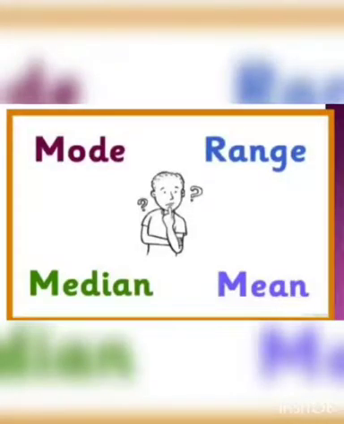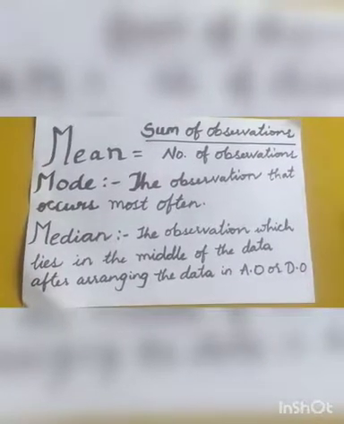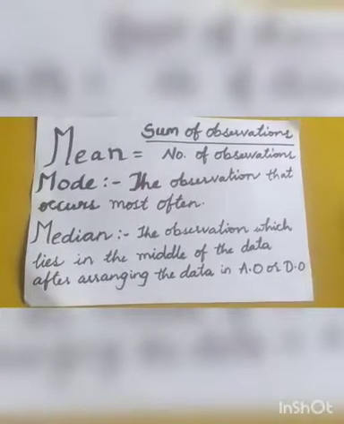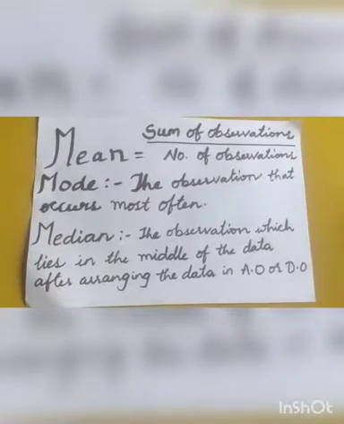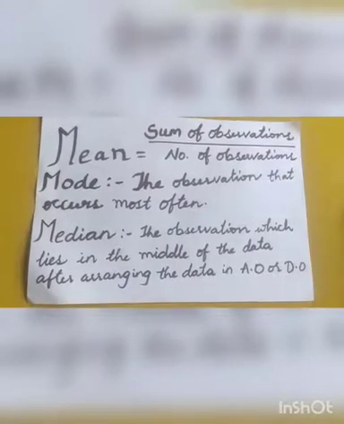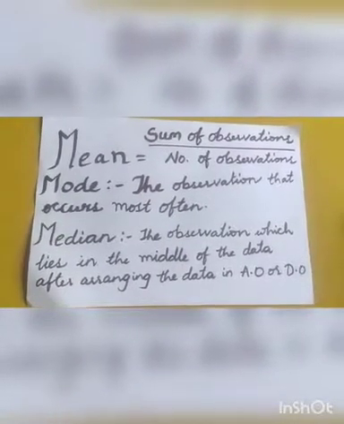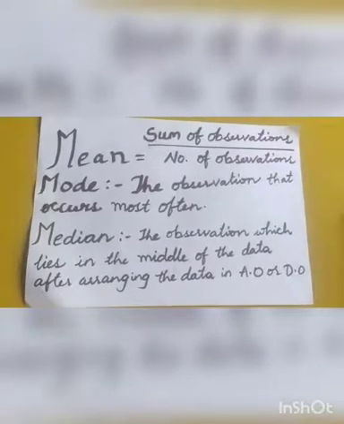Now let us know about mode, median, range and mean. Mean. What is mean? The sum of the observations divided by the number of observations is the mean. Mode. What is mode? The observation that occurs most often is called the mode.